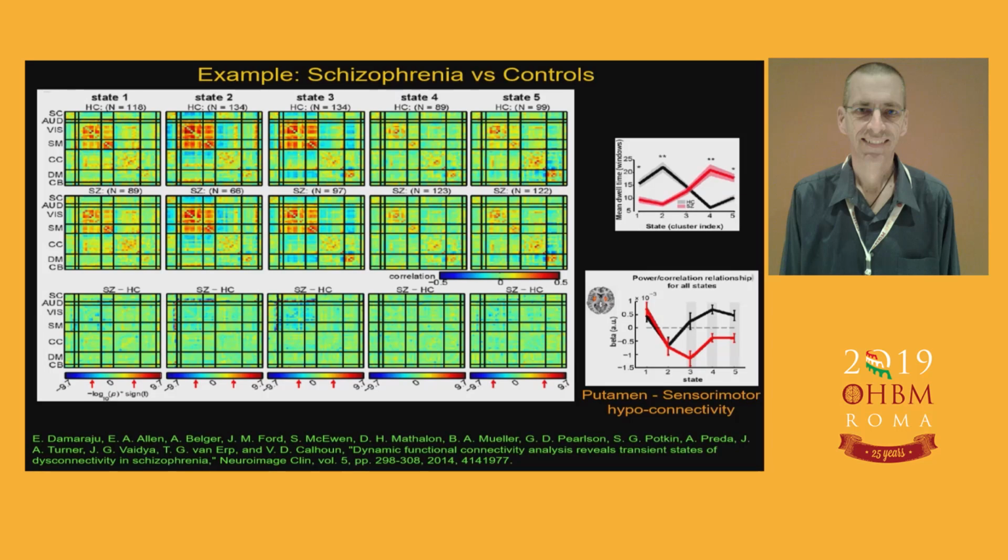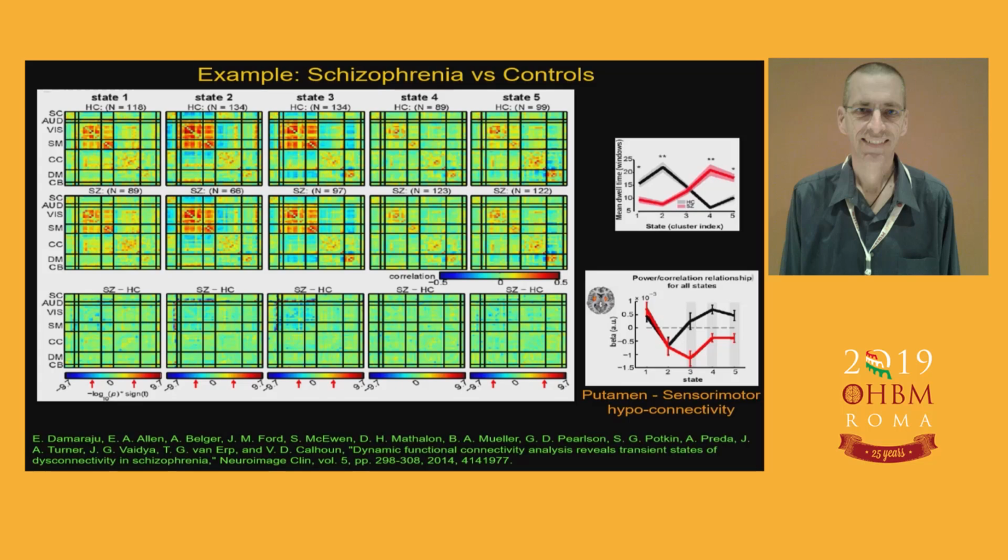So let me just run through, real quick, a few different examples. This was the first analysis we did with schizophrenia, where you see the five states here for patients and controls. Here's the difference. You can see that we get some interesting patterns when we look at just cell-wise differences.